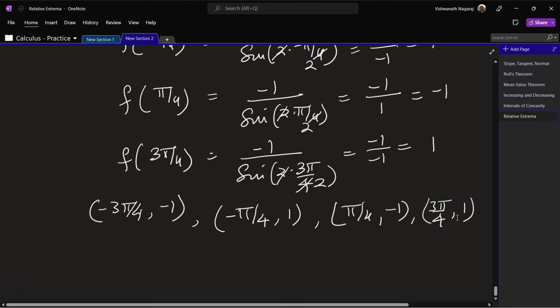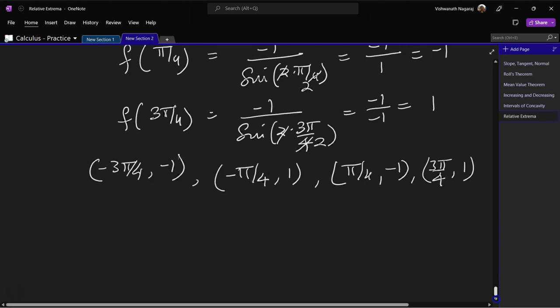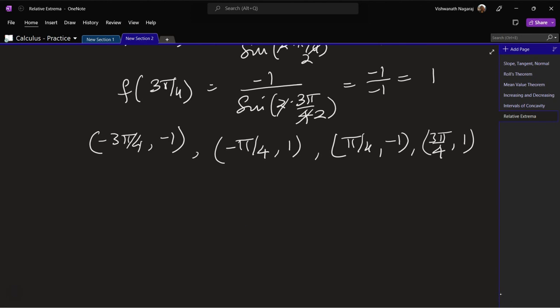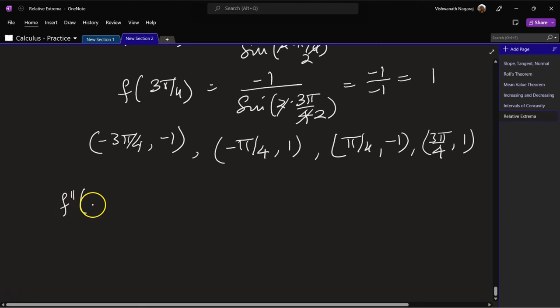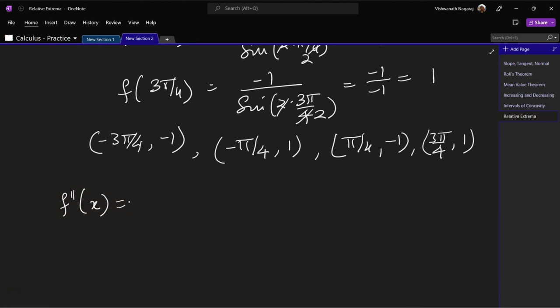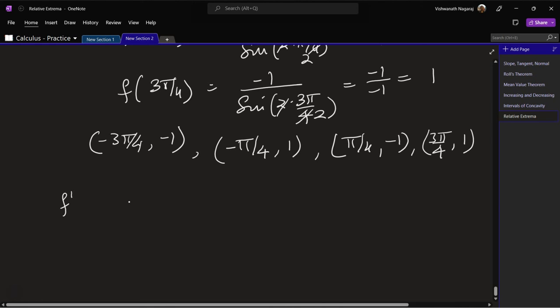Now we have to figure out whether they represent the minima or the maxima, relative ones. For that we require f double prime of x. So our f prime of x, first let's write that. F prime of x is equal to 2 cot 2x cosec 2x.